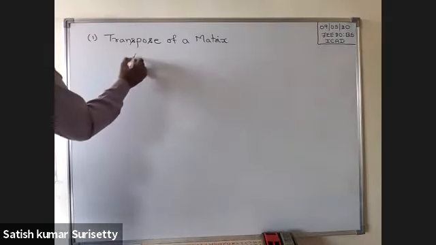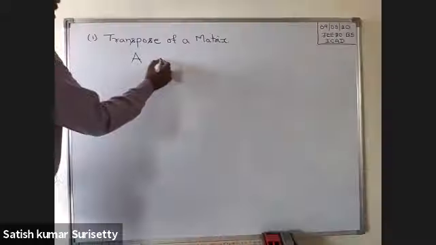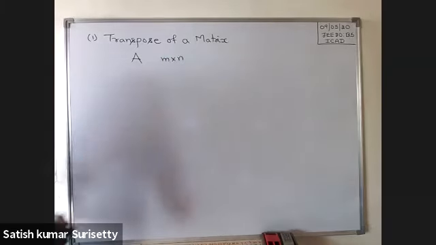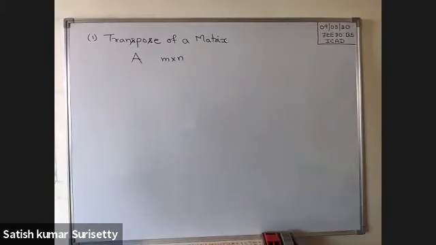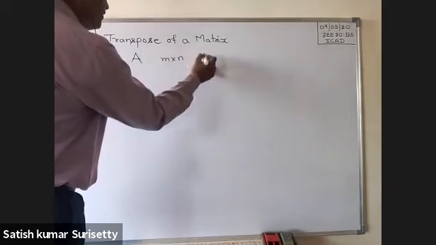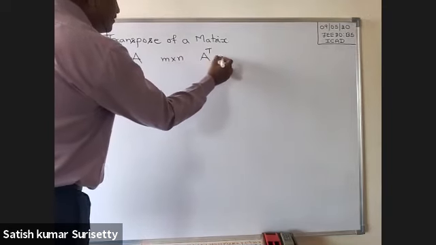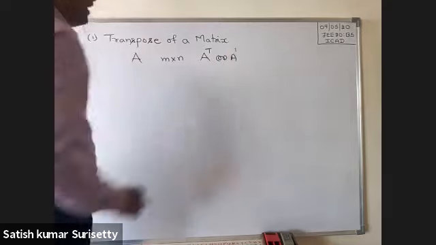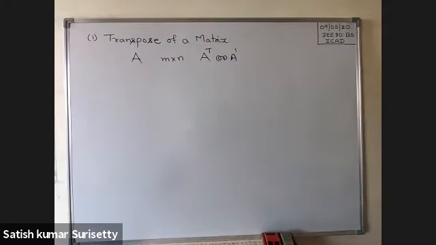If A is a matrix of order m by n, then the transpose of it is denoted by A transpose or A dash.